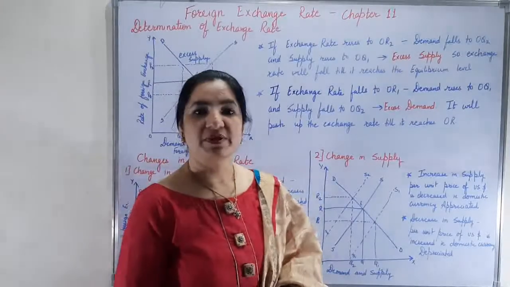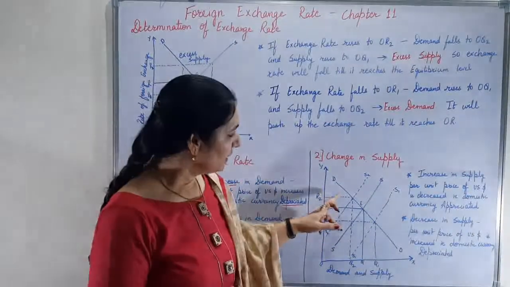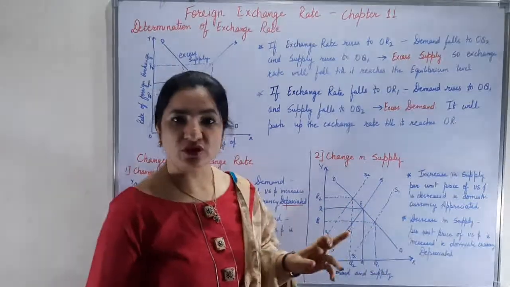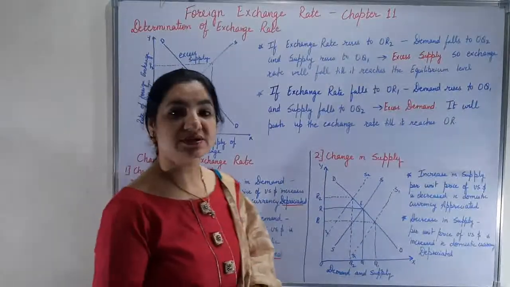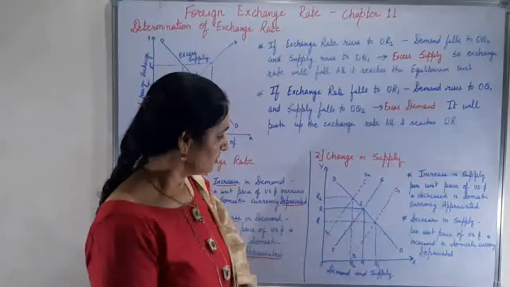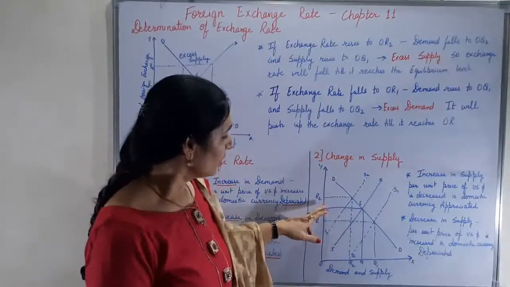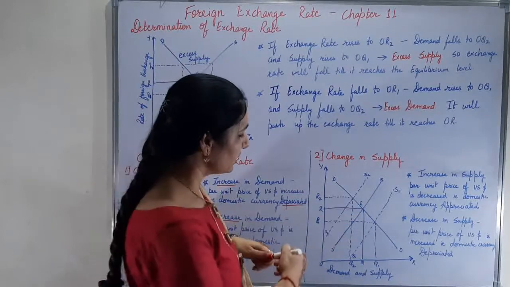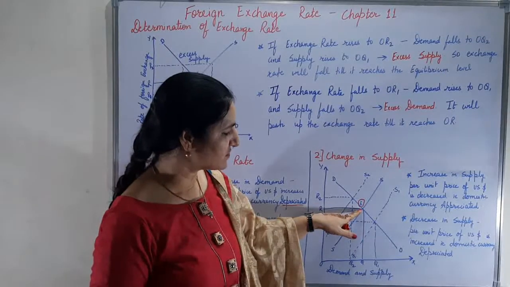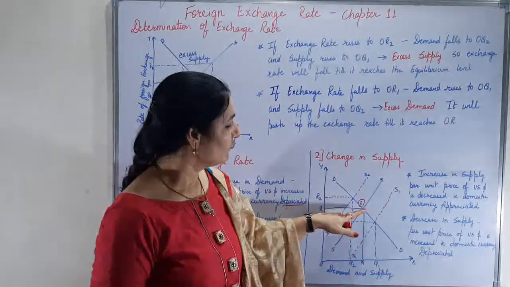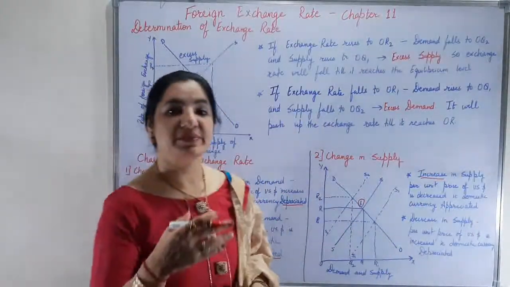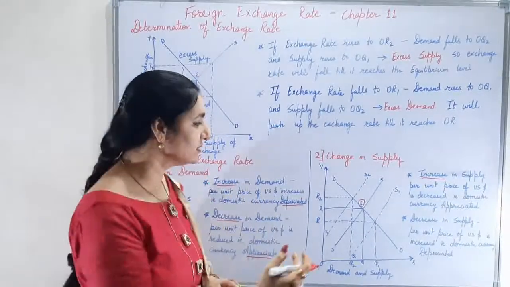Let us see the implications of change in supply. Here in this figure, I have changed the supply only and demand is kept constant, because we are studying how a change in supply will affect the exchange rate. See, equilibrium point E is the actual equilibrium point where supply and demand curves intersect each other. When supply is increased, the supply curve shifts towards the right.